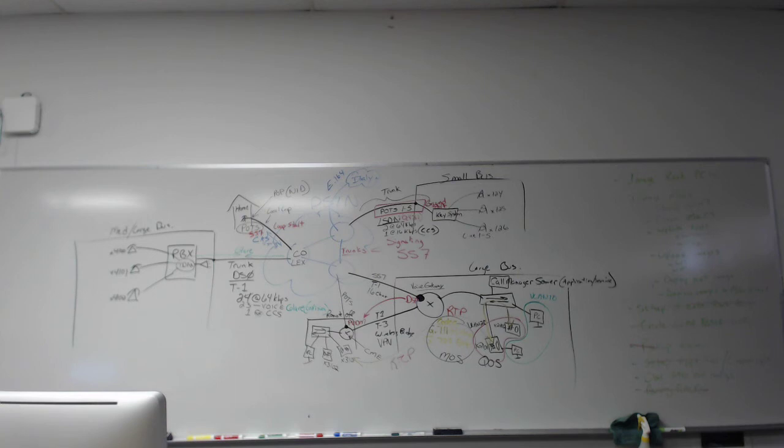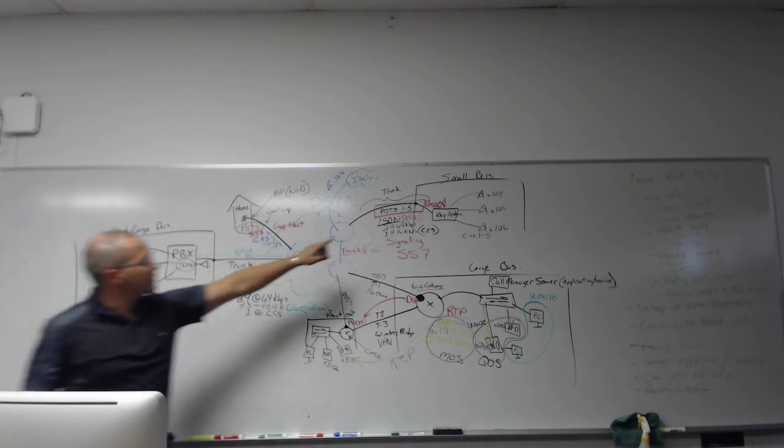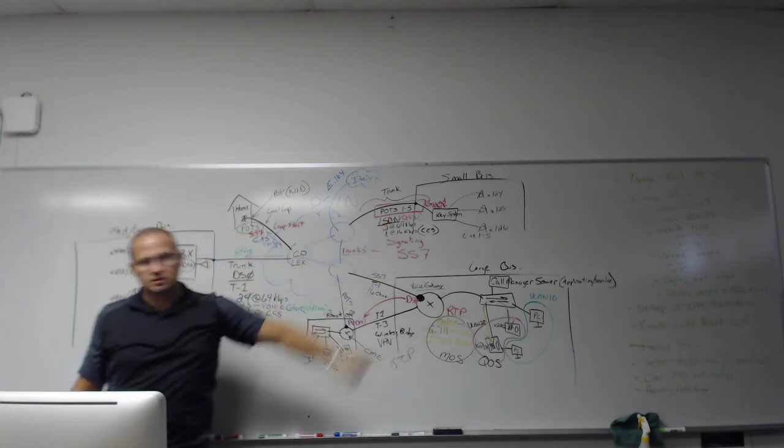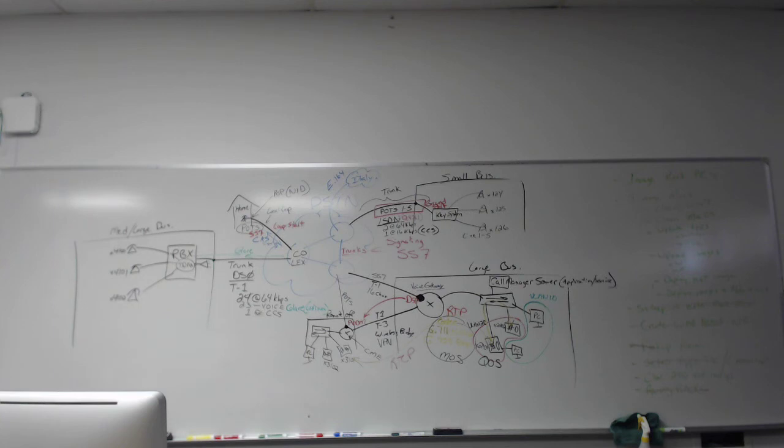Q931 is ISDN. Talked about that one, ISDN circuits use the Q931 protocol. PBX, private branch exchange in a local company. Quantization. One of the steps in the process of converting an analog signal to a digital signal.